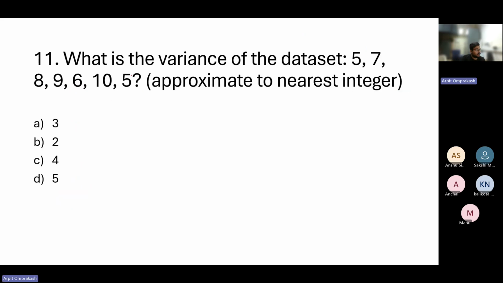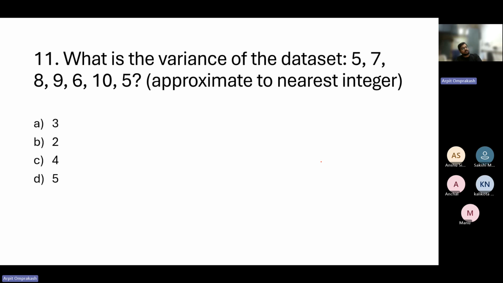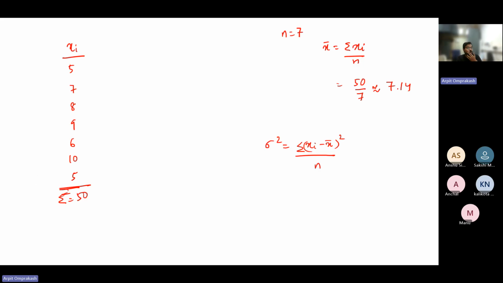Then we are asked what is the variance. So the variance is given as xi minus x bar whole square, sum of this, divided by n. So here, since we are not talking about samples, we are talking about the full data set, we use the formula with n and not n minus 1. Great. So xi minus x bar: 5 minus 7.14, 7 minus 7.14.